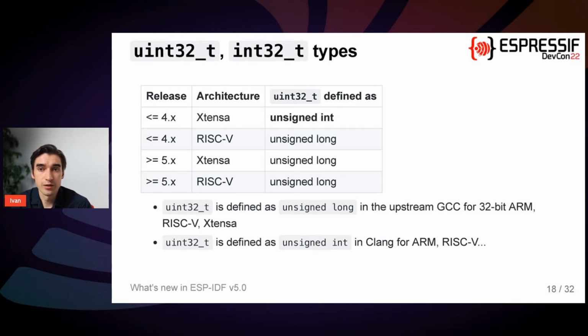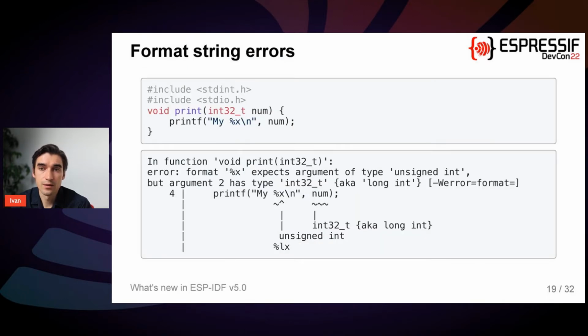However, do note that other compilers like Clang, for instance, still define uint32_t as unsigned int. So this is something that you have to be careful about in your applications when writing the code, to not make assumptions about the way uint32_t is defined. The practical way this manifests in most applications is through format string errors. For example, in this code, if you're printing out an int32_t value using the %x format specifier, then when upgrading to IDF 5, you will get the warning, or the error actually, that is shown here.